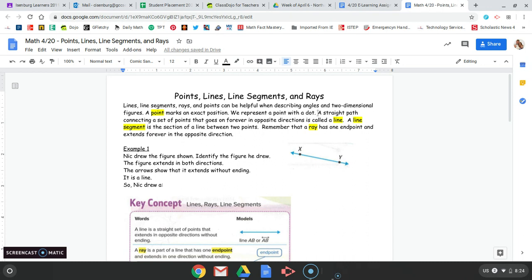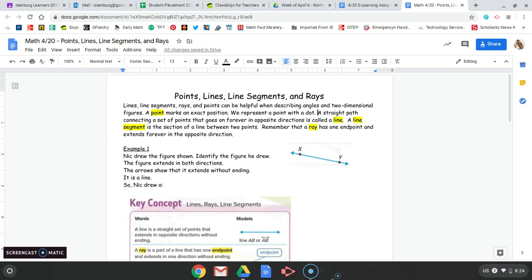So I'm going to stop here for just a second. If you think about a point, it's an exact spot in space. That's why we use a dot to represent a point, because it's just really one exact spot in space.